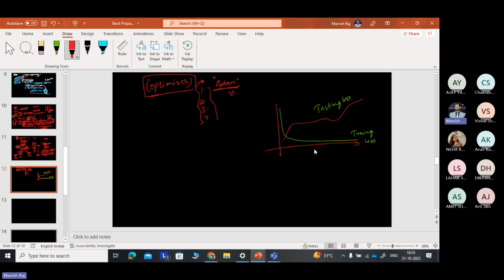So what is the prediction when you get this type of graph? Tell me in terms of overfitting, underfitting, or whether this is a good graph. What is the prediction after seeing this type of graph?